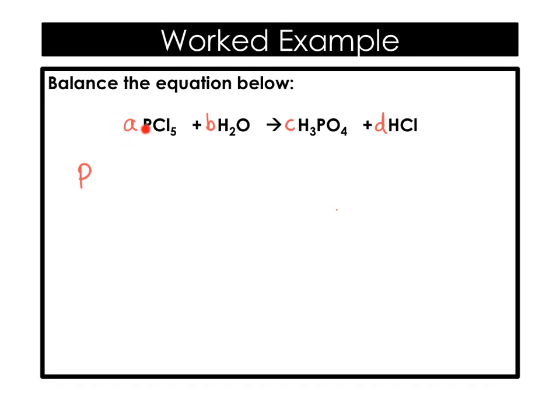So only this number here, A, is going to affect how many phosphoruses there are on that left-hand side. So, the number of phosphoruses on the left-hand side is going to be A. There's going to be 1A because there's only one phosphorus in this. So whatever number A is, that's the same as the number of phosphoruses as well. Because there's only one phosphorus in that compound.